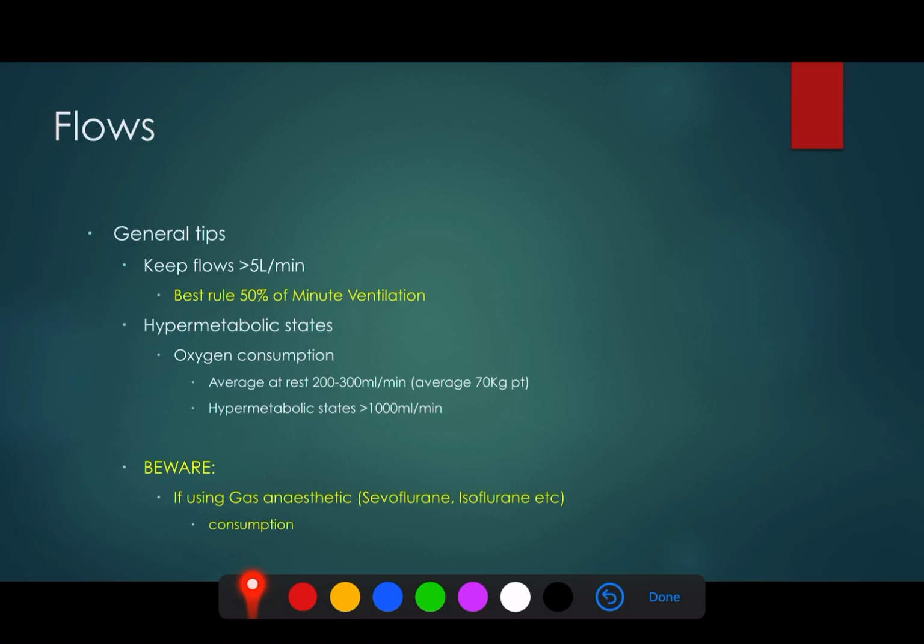For those patients, sometimes you need to use lower gas flows, but if you're doing that, there are all the problems that I described before. So just be very careful, speak to someone, an anaesthetist or an intensivist, before you change the flow rates if a patient is on sevoflurane, isoflurane, or any of the other volatile agents to keep patients asleep.